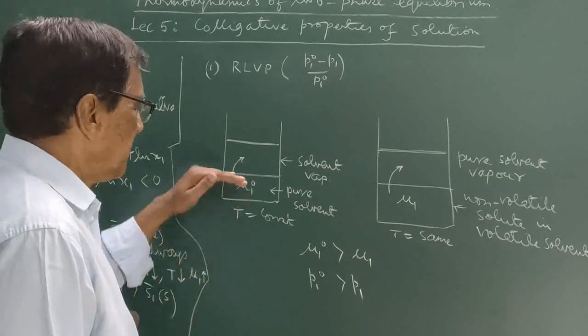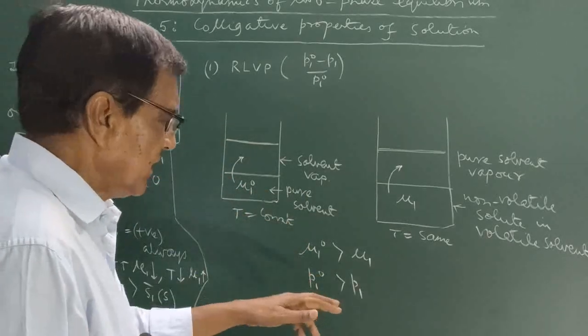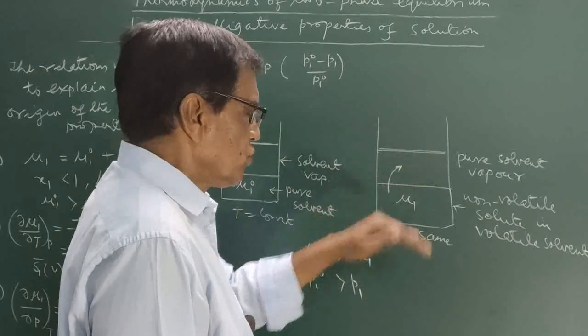So the vapor pressure over the pure solvent is greater than the vapor pressure over the solution.